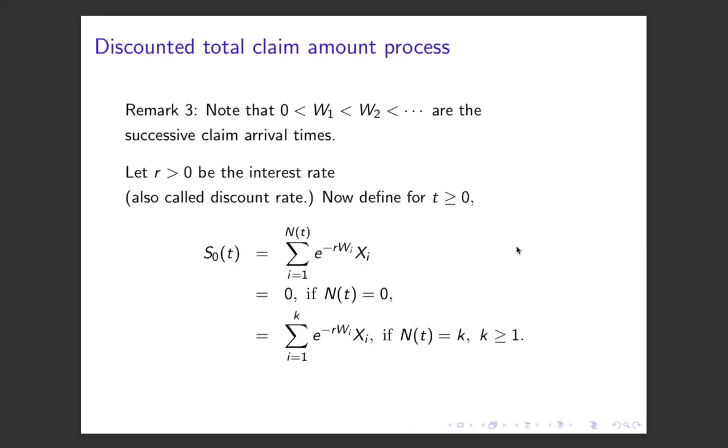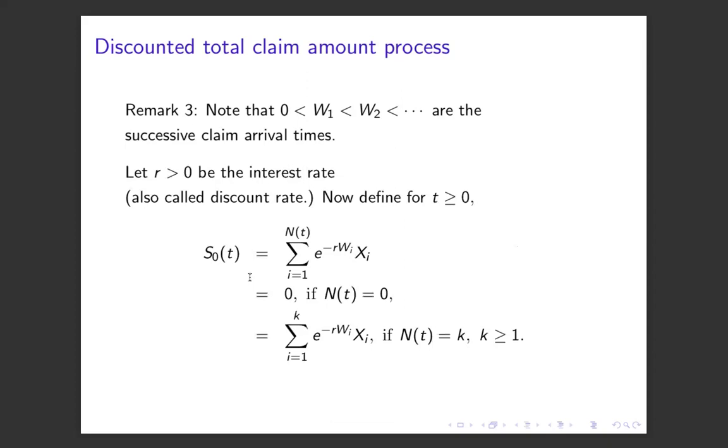So let R be a positive number denoting the interest rate. It's also called the discount rate, depending on the context. Now define for any positive t, S_0t.